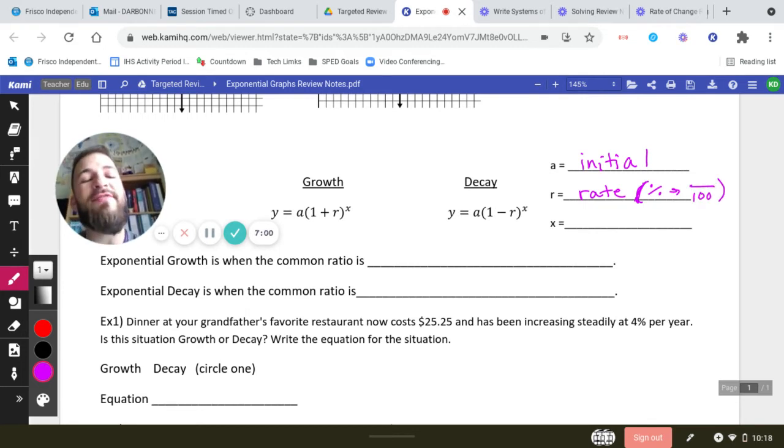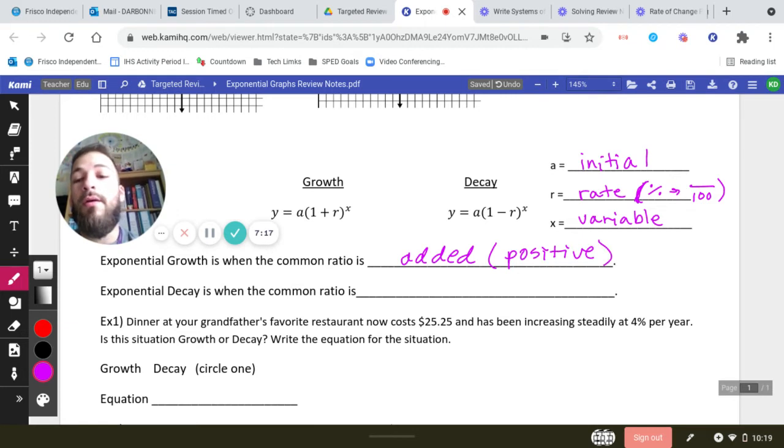Okay, and then x, of course, is still our variable. So exponential growth is when the common ratio is added or positive. Exponential decay is when the common ratio is subtracted.